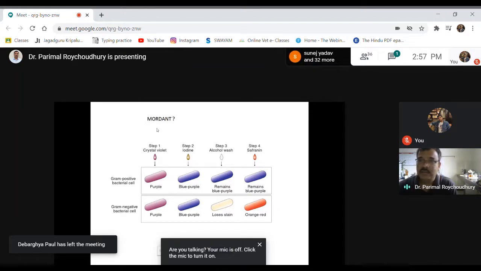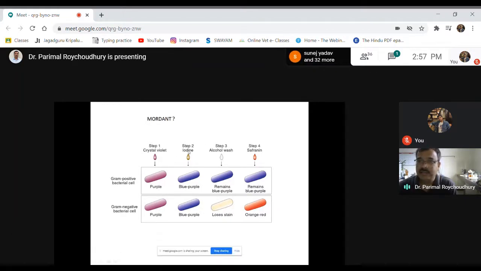Mind it, not all the time chemical. Here it is a chemical, an iodine solution that we use. But in certain staining reactions, we use some physical agents like heat. Heat may also act as a mordant. So that's why we say mordants are certain chemical or physical agents which help in fixation of the primary stain.